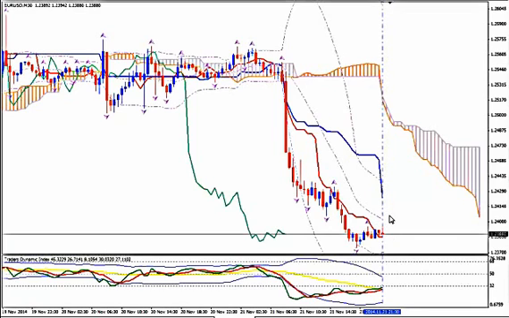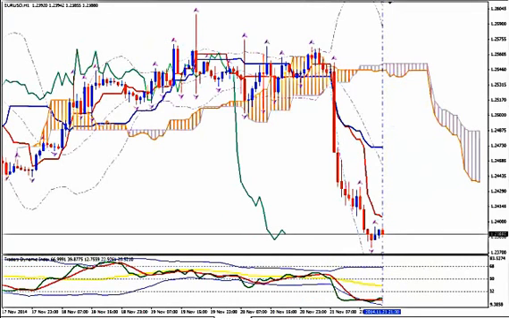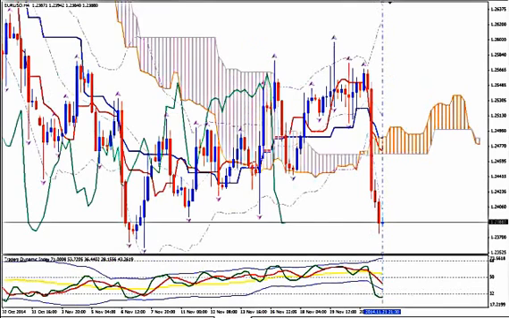But if it doesn't happen, you will not be trapped in the wrong trade, because if you see the continuation of the upward move, you will be prepared for a long entry instead, and you can wait for a bullish price Tenkan-sen cross on a higher time frame on H1 or even on H4 if you are conservative.